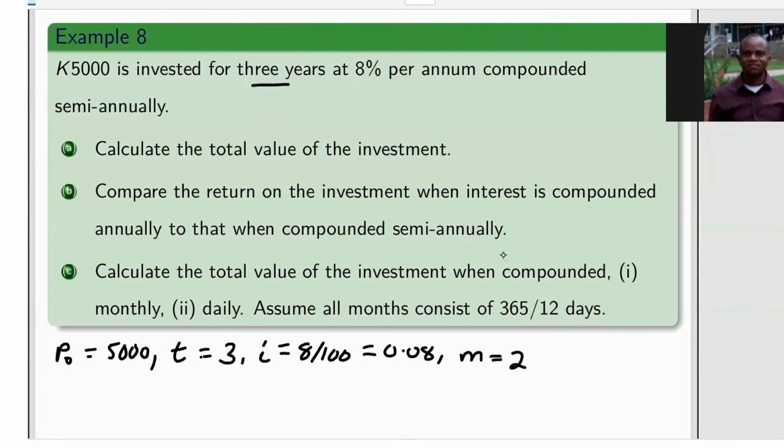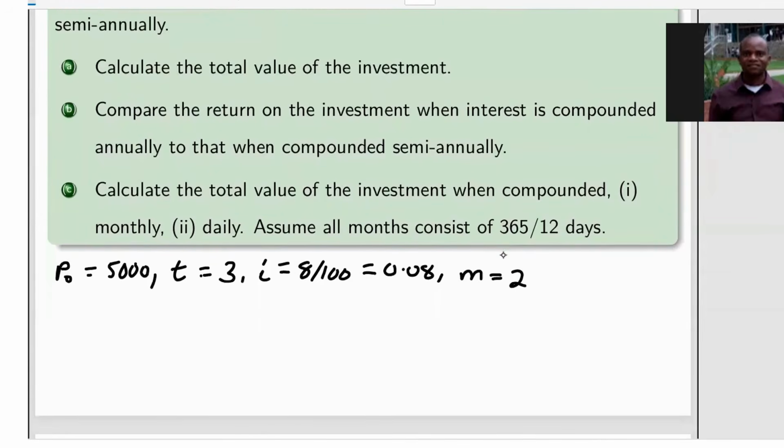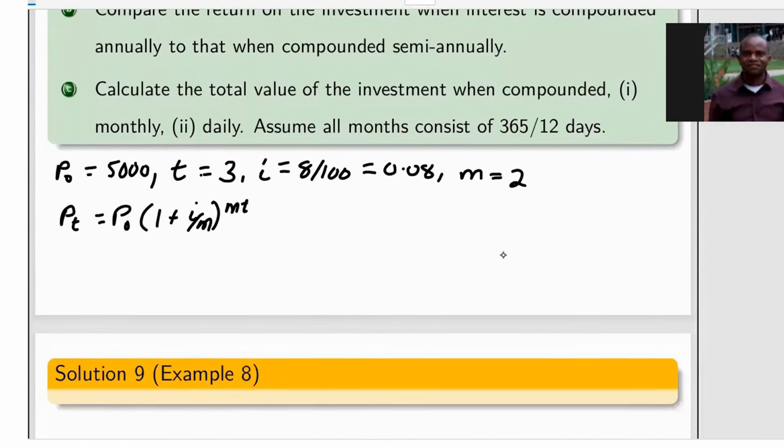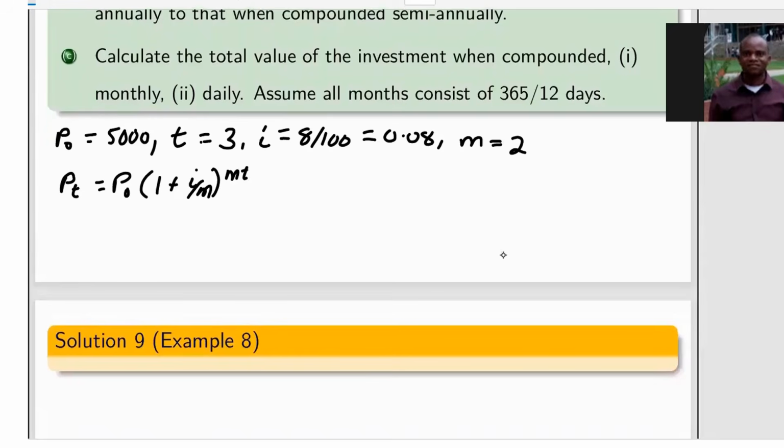Now, if we use equation number 9 there, equation number 9 tells us that P_T, which is the future value, is equal to P naught times (1 plus I over m) to the power m times T. So if we substitute in the respective values, we see that P naught is 5,000 times (1 plus I, which is 0.08, over m, which is 2), the power is m, which is 2, then T is 3.